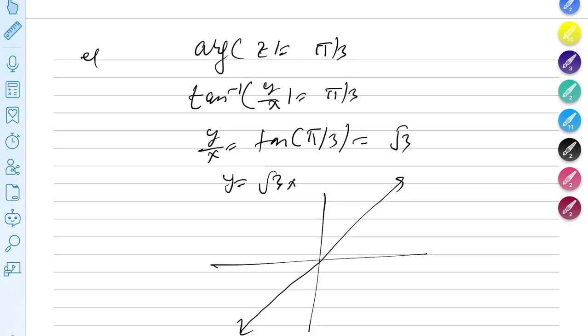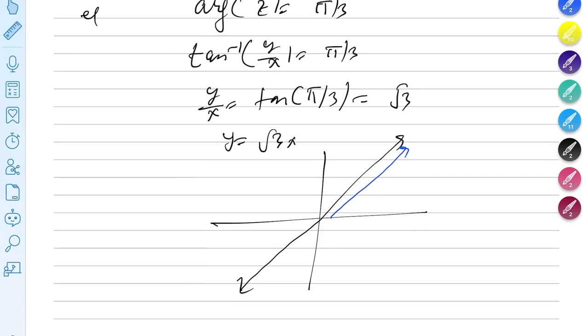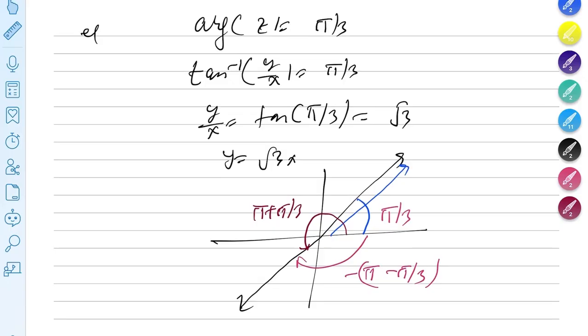It only represents the ray which is going outward in the first quadrant, not in the second quadrant. Why? Because the argument of this ray is pi by 3, whereas the argument of the part of the line which is in the third quadrant is pi plus pi by 3, or in terms of principal argument, pi by 3 minus pi. So they are asking to draw the argument of pi by 3 only.